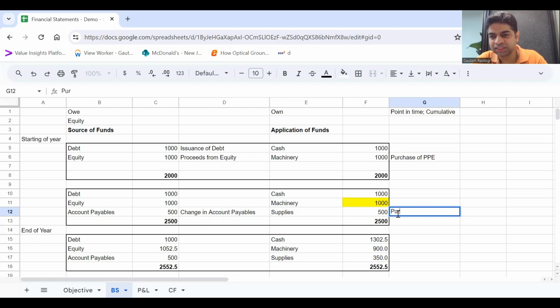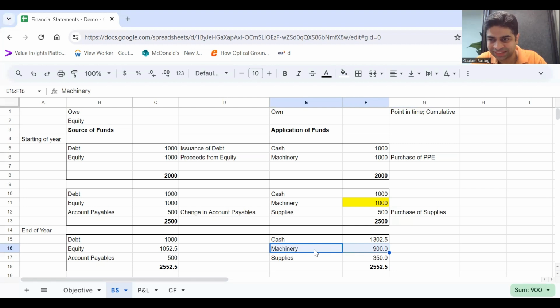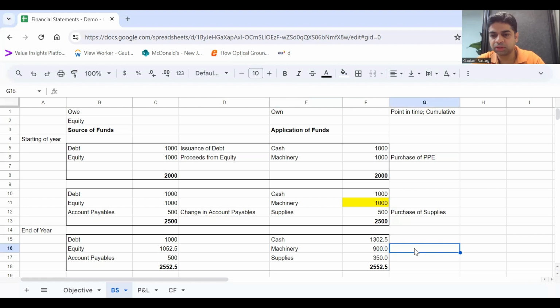So purchase of supplies. Now, the sixth transaction is we depreciated this asset, because this machinery has 9 years of useful life left. So we need to remove that 1 year of life that it has already been sweated for. So this is depreciation.